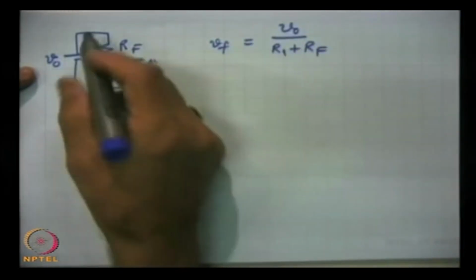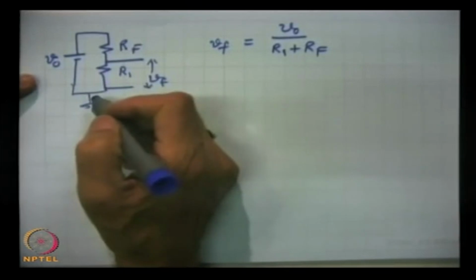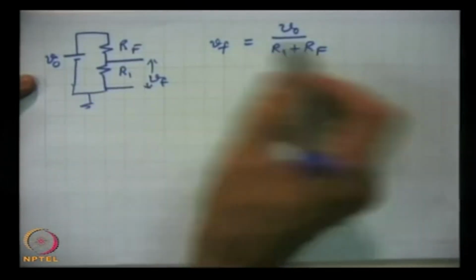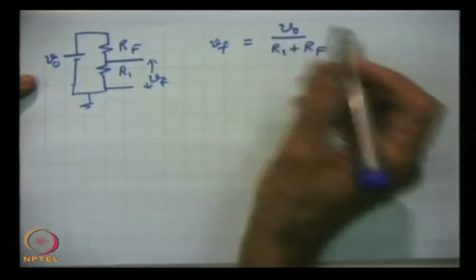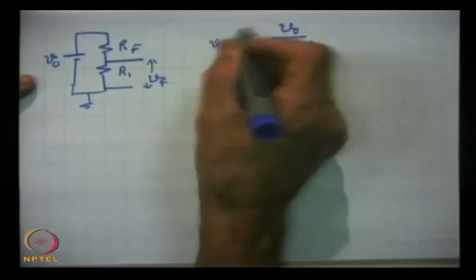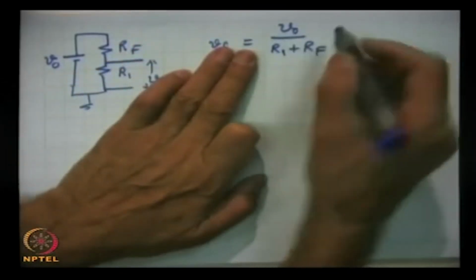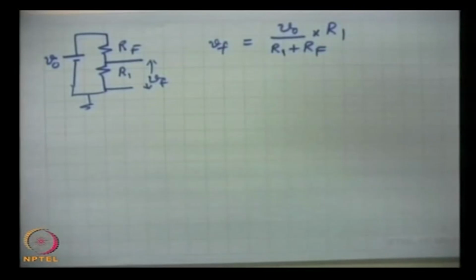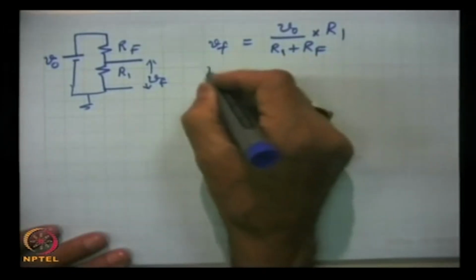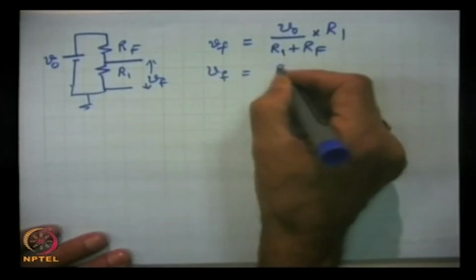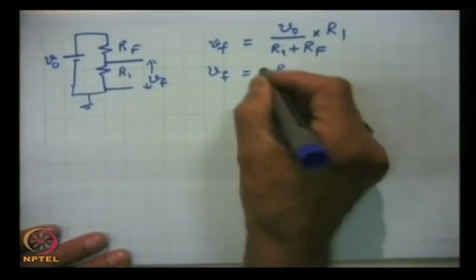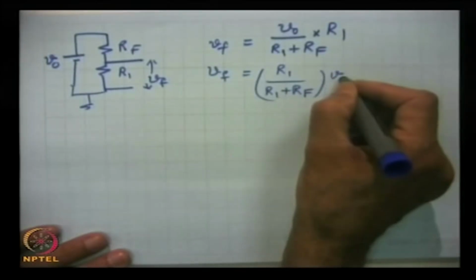This is the current through these resistances which are in series, and the voltage drop across R1 will be the current multiplied with R1. So, Vf is R1 divided by R1 plus Rf, times V0.